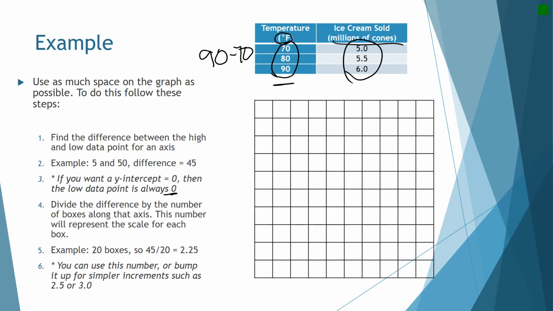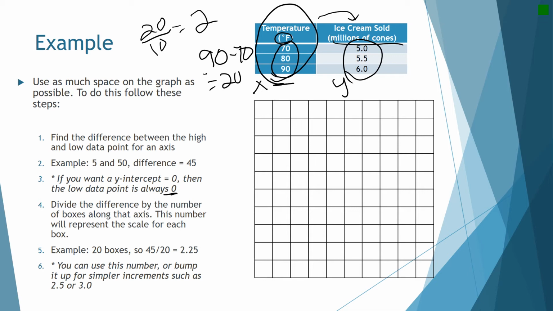Okay, so we're going to divide the difference by the number of boxes along the axis. So I am changing directly my temperature, and because I changed my temperature, the ice cream sold changed. So this is going to be my x-axis, this is going to be my y. So on this, I've already counted, there are 10 boxes. So what I'm going to do is take my range, which is 20, and I'm going to divide it by however many boxes I have, which is 10. And so each box is going to be a value of 2.